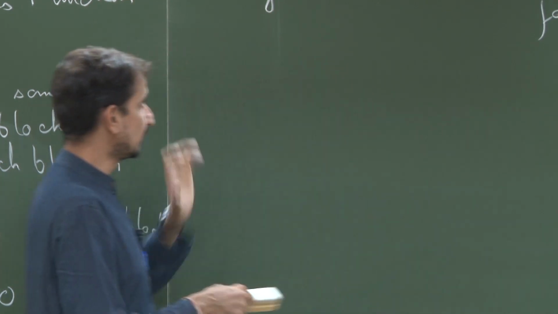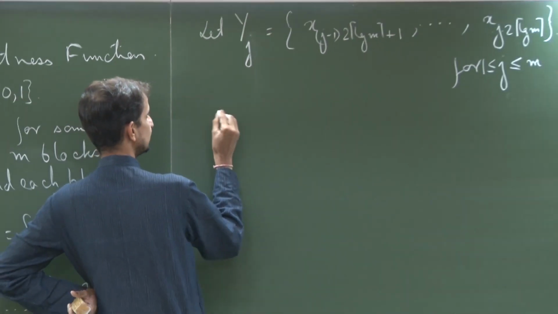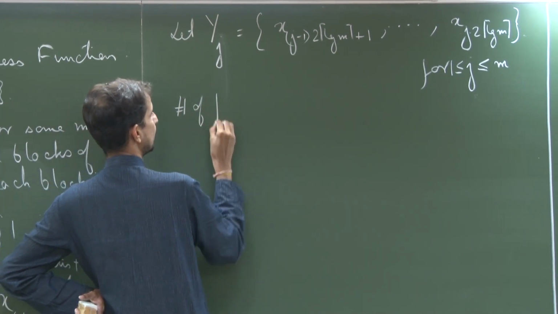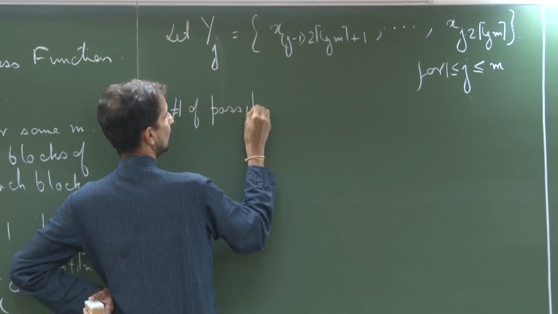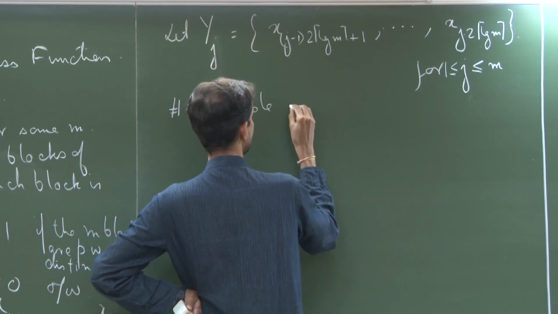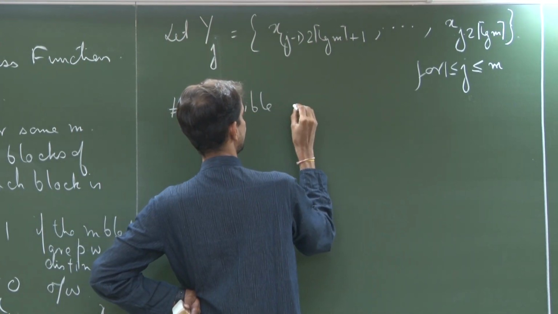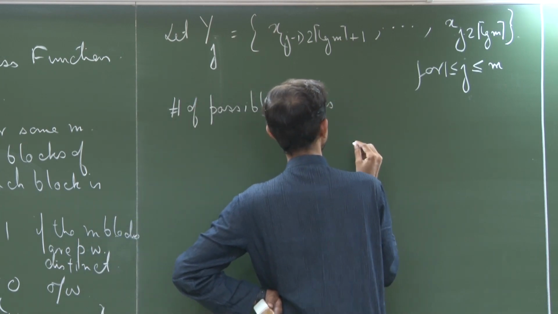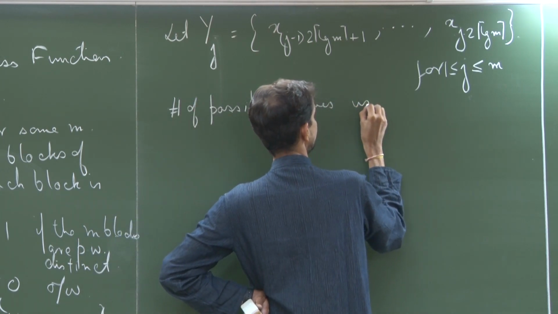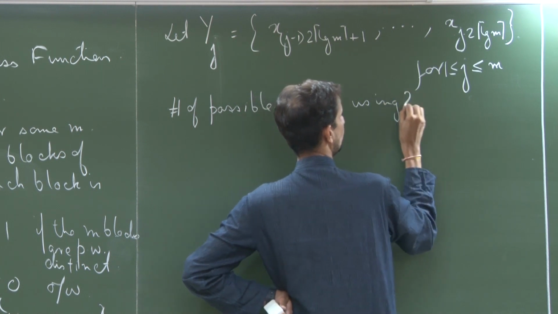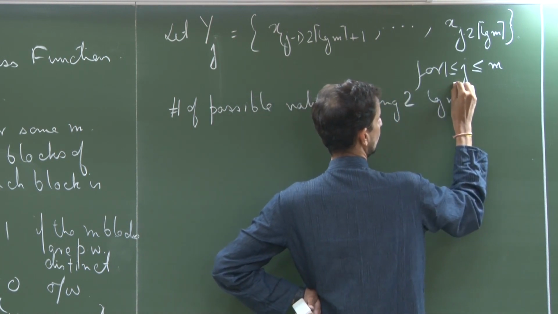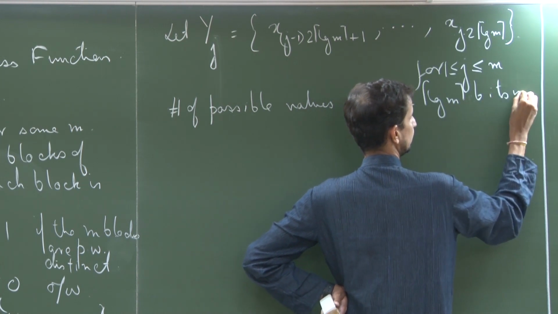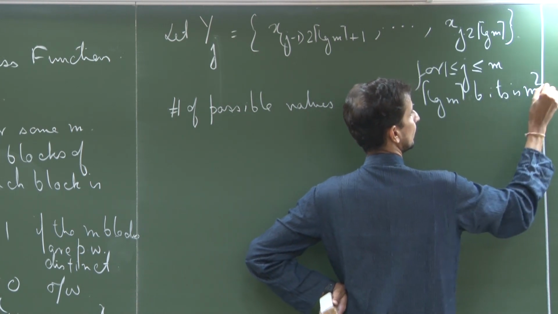What does that mean? Before getting into that, let me just write this. The number of possible values using 2 log m bits is m square.